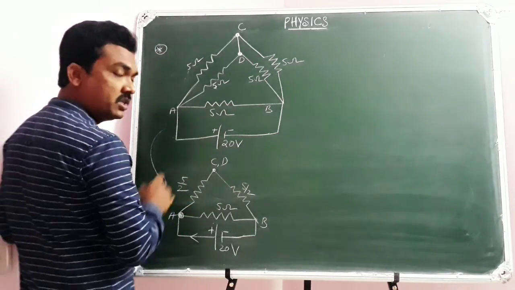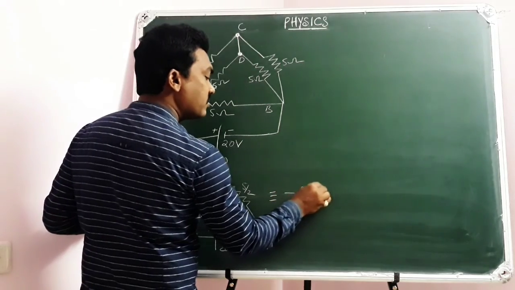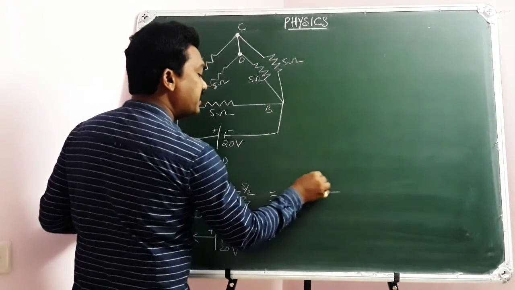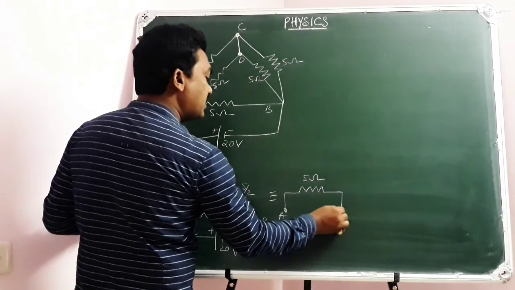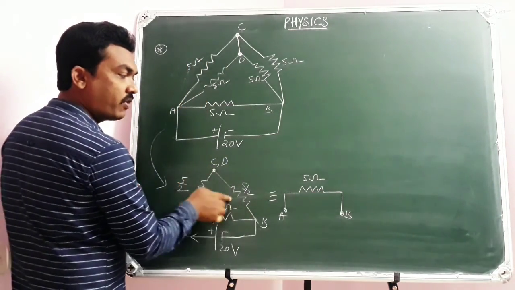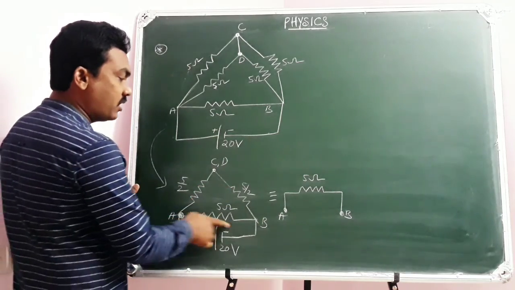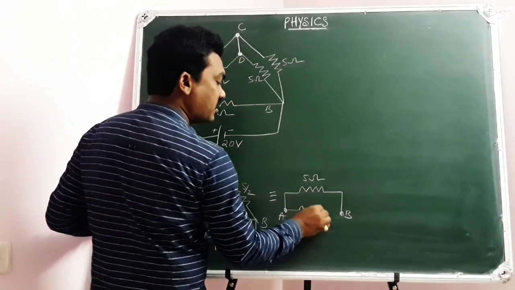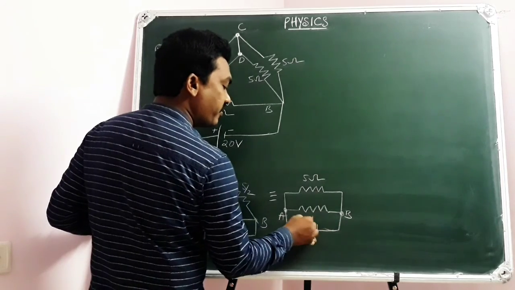So 5 by 2 in series will give 5 ohm resistance in between AB, because series is R1 plus R2. And already there is another 5 ohm resistor across AB, connected across the 20 volt battery.